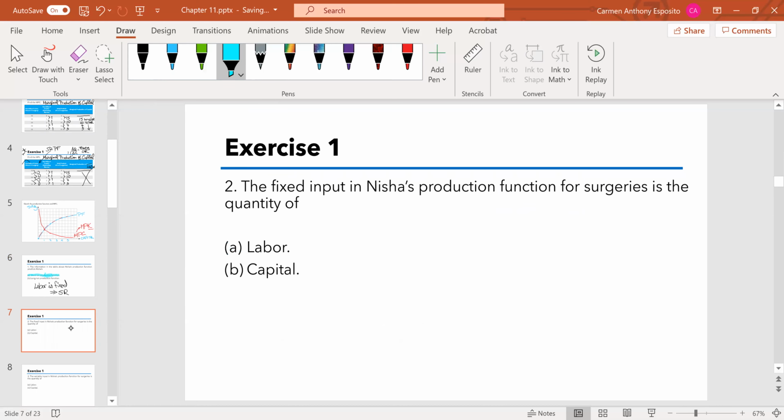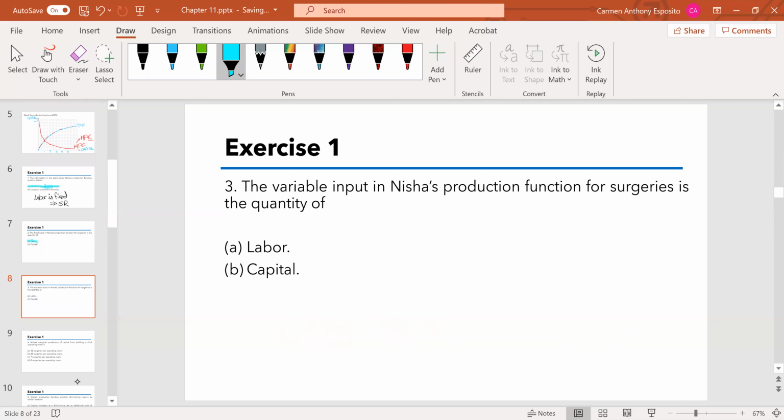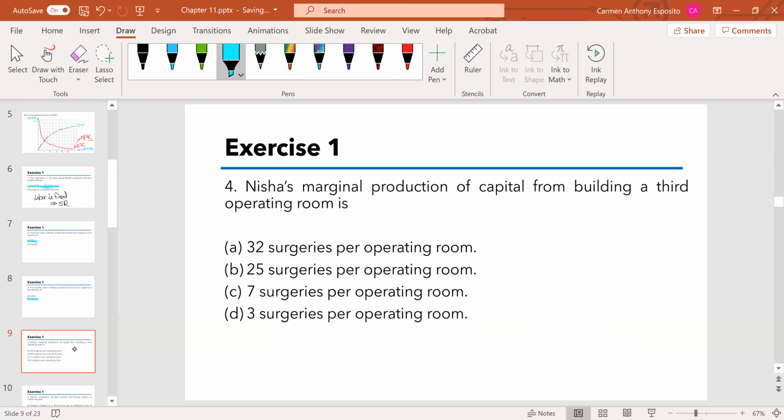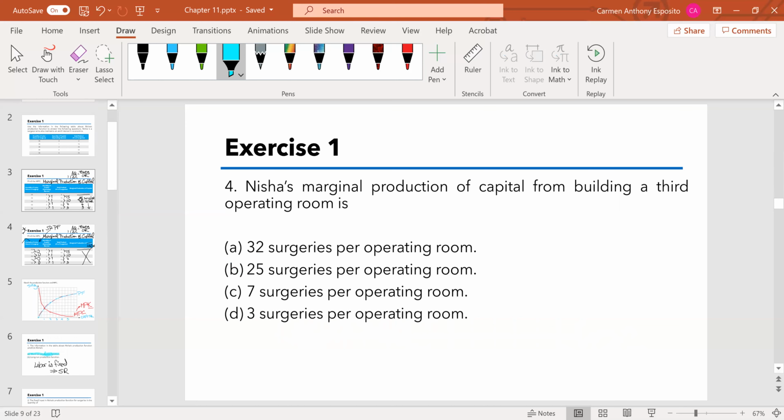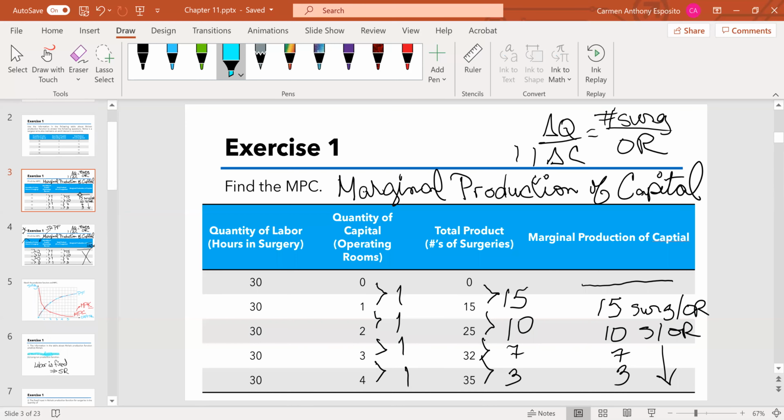The fixed input of Nisha's production function, well, we already discussed it's labor. That means the variable input is capital. So the variable input in this production function is capital. And what we want to know is Nisha's marginal production of capital from building a third operating room. Well, luckily for us, I made us go through the MPCs for each additional unit.